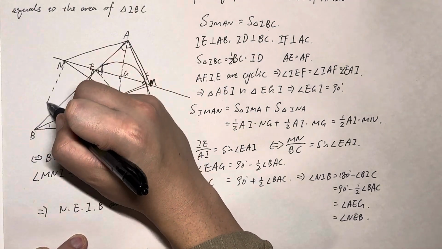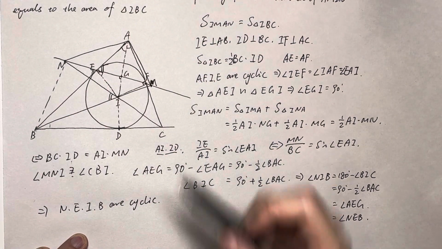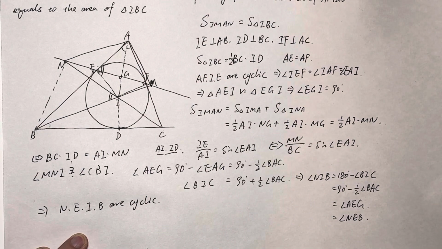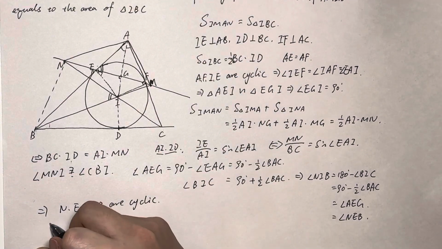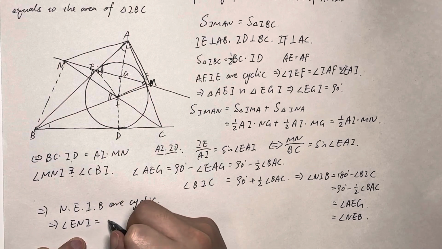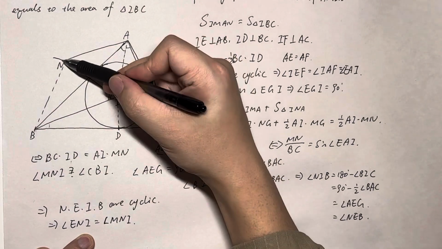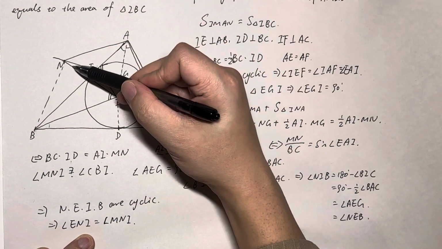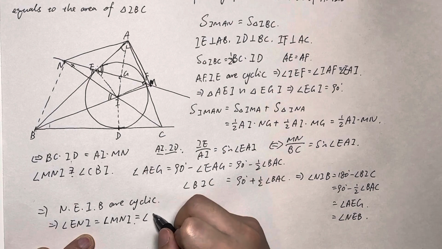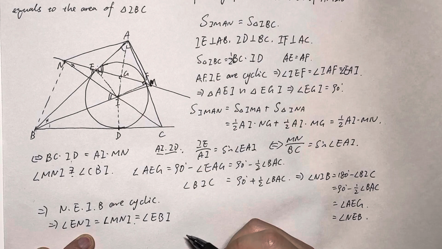Let me connect NB here. Okay, N, E, I, B are cyclic. Now we can see angle ENI is angle MNI, right? This angle equals angle EBI, right?